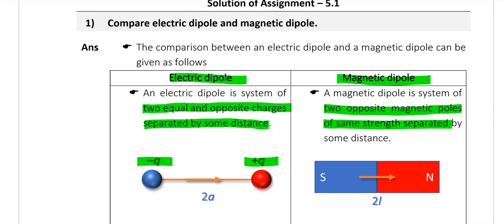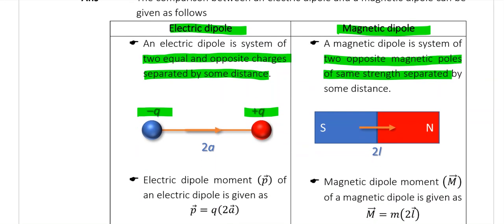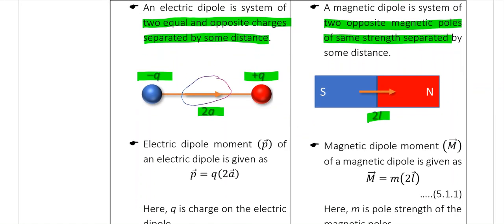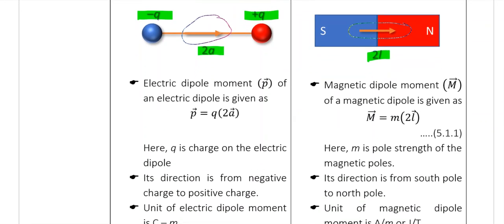Similarly, in case of magnetic dipole, pole strength is the same. Normally, the symbol of distance in electric dipole is 2a, whereas in magnetic dipole, it is 2l. What is this arrow indicating? It shows the direction of dipole moment, which is from negative charge to positive charge for electric dipole and south pole to north pole for magnetic dipole.